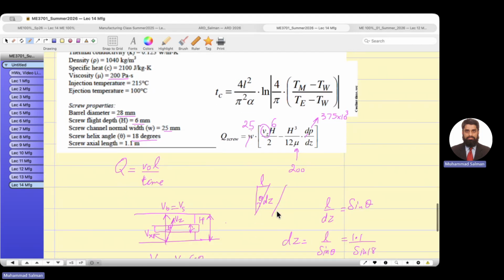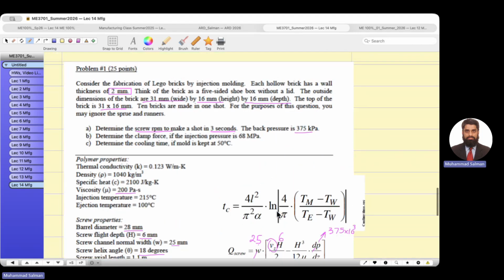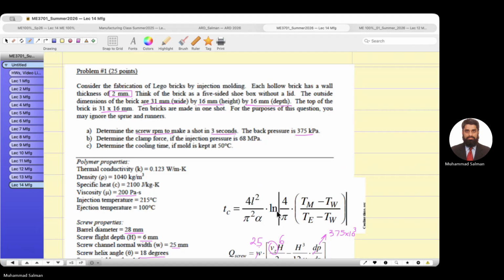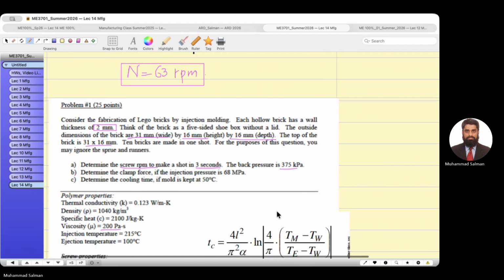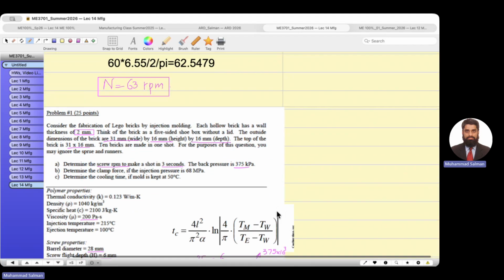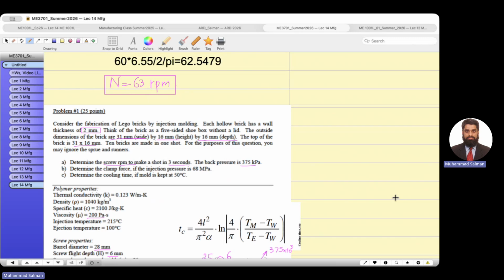So let's find out Q, and for that we need to find out the volume. So I would like to see how you calculated the volume. I will say this is the Lego brick.